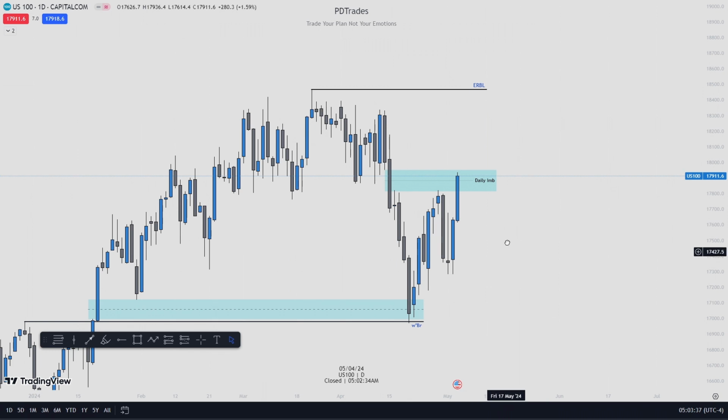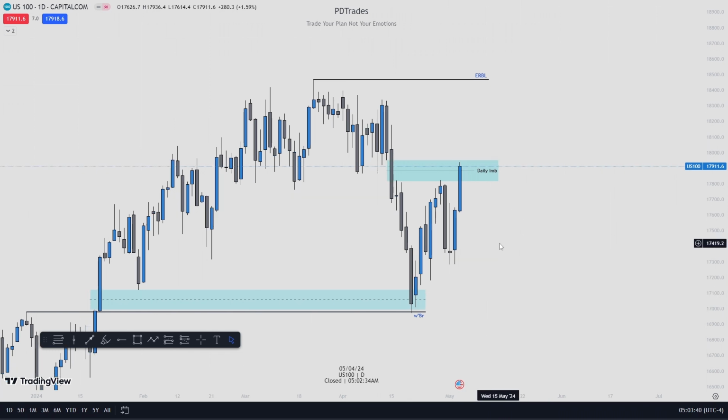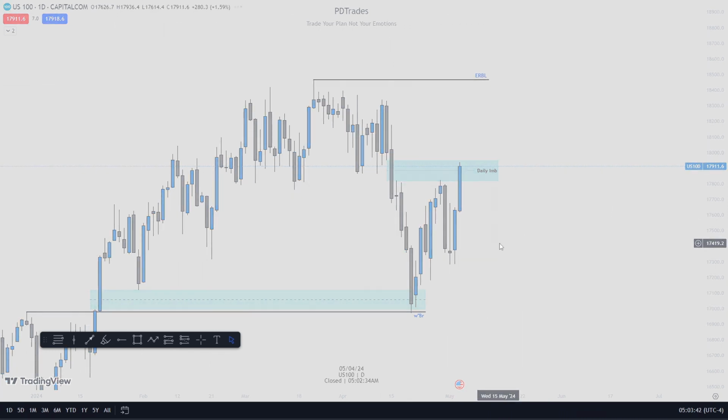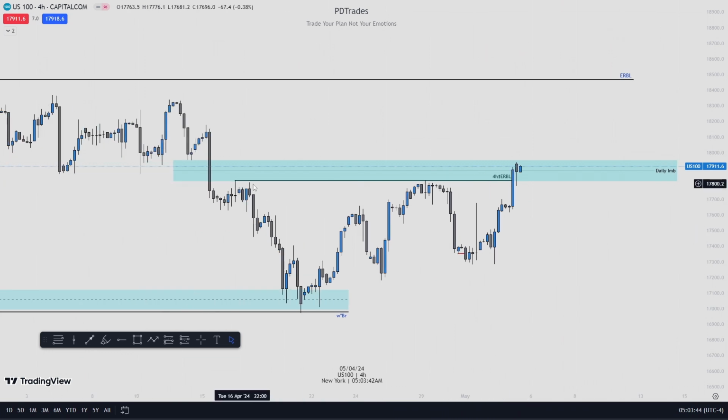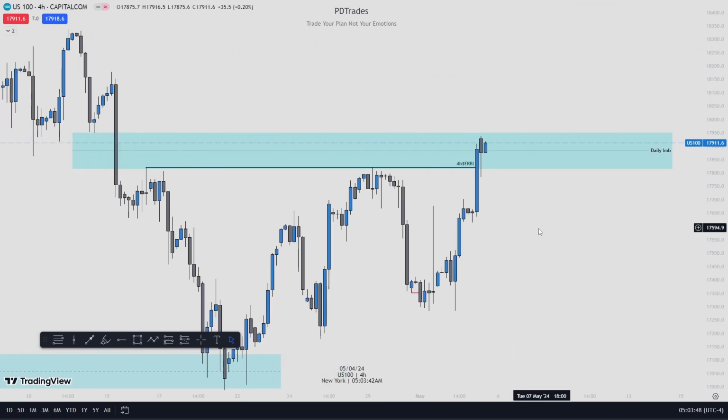So we're currently inside this daily imbalance. I'm gonna check my 4 hourly, and liquidity was raided. So now I wanna see what the market does. Does it want to show any sign of a reversal or continuation?